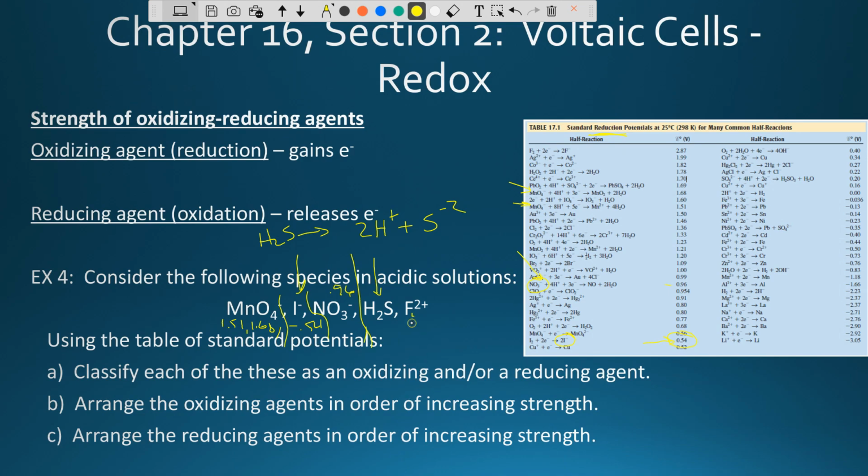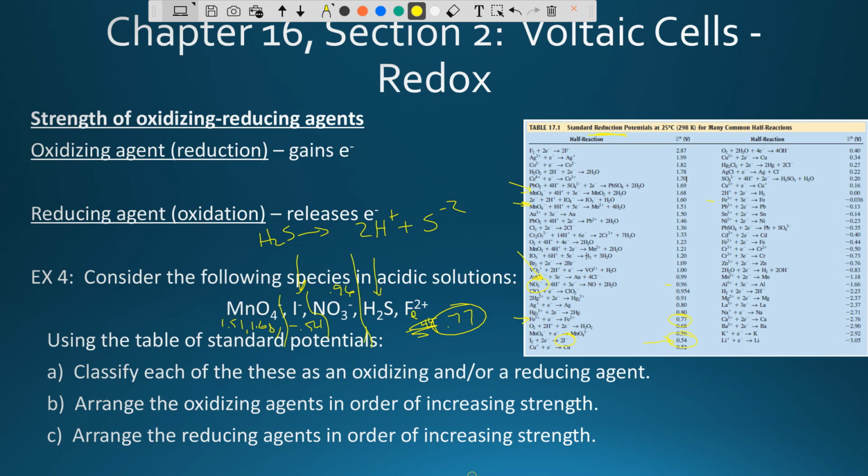This is a little typo. That should be Fe2 plus. And so I would just look that one up again, and that number is a negative 0.44. The reason I know is because that's a 3 plus, there's my 2 plus, and I see that, sorry, that's a 0.77. Actually, I am wrong.